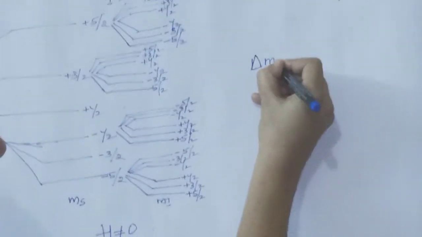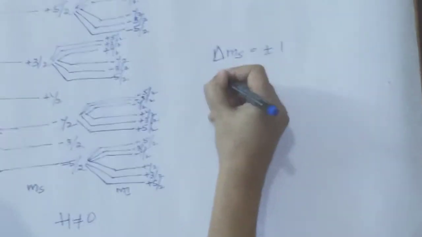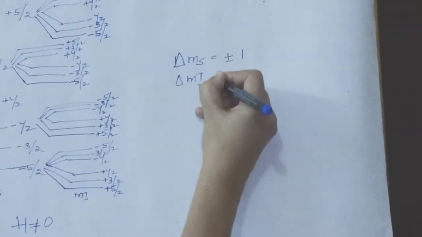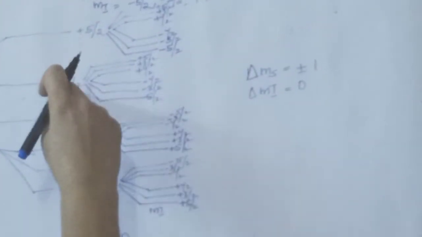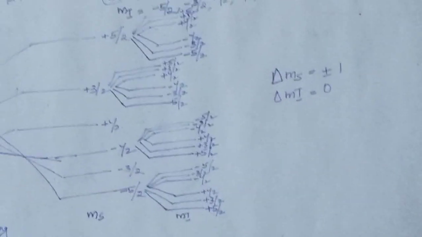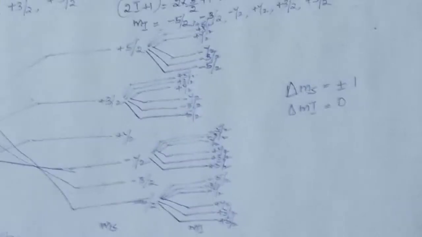So now how many transitions will be there? Keep in mind that the spectroscopic selection rule is delta ms equal to plus or minus 1 and delta mI equal to 0. Already there are 6 ms states, which corresponds to 5 transitions.